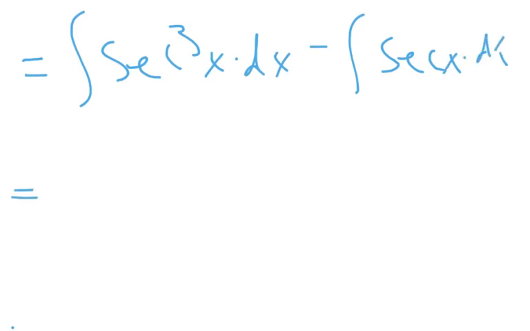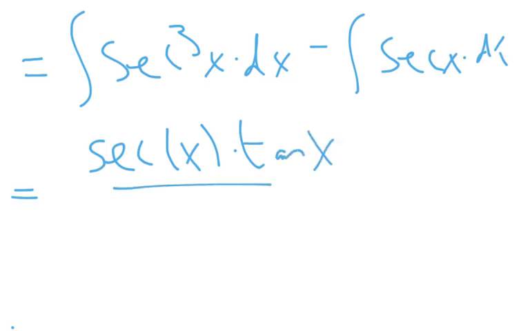So now for secant cubed, once again we are going to take it as an independent integral. We can use a reduction formula. So if that's the case, we just simply use secant n minus 2, which is 1, so it's secant of x times tangent of x and everything over n minus 1, so the power minus 1, which is 2.